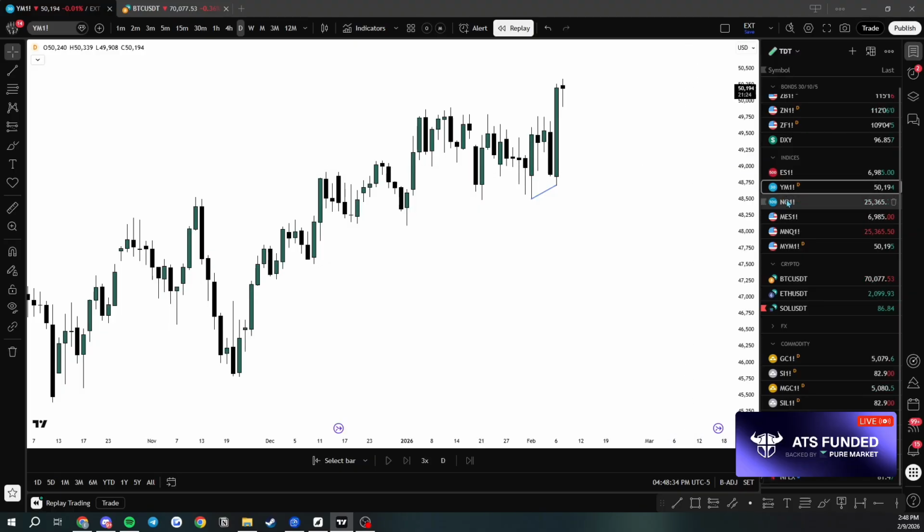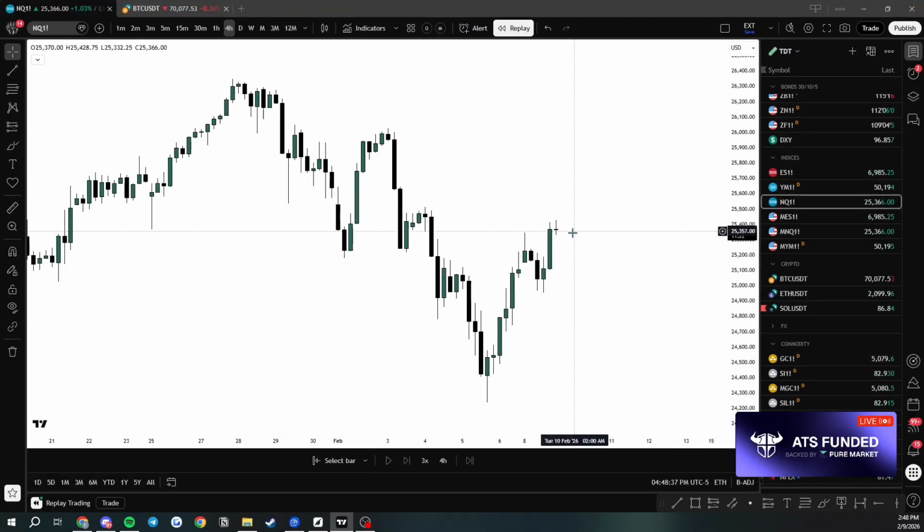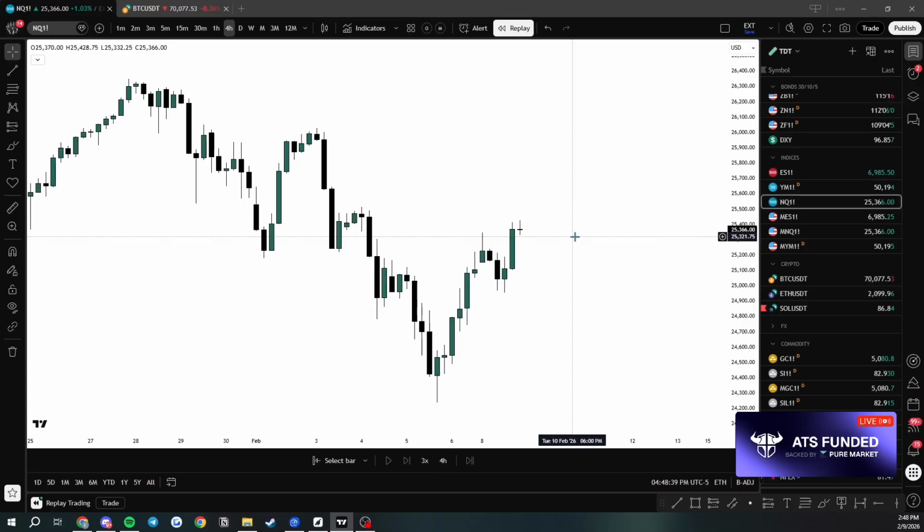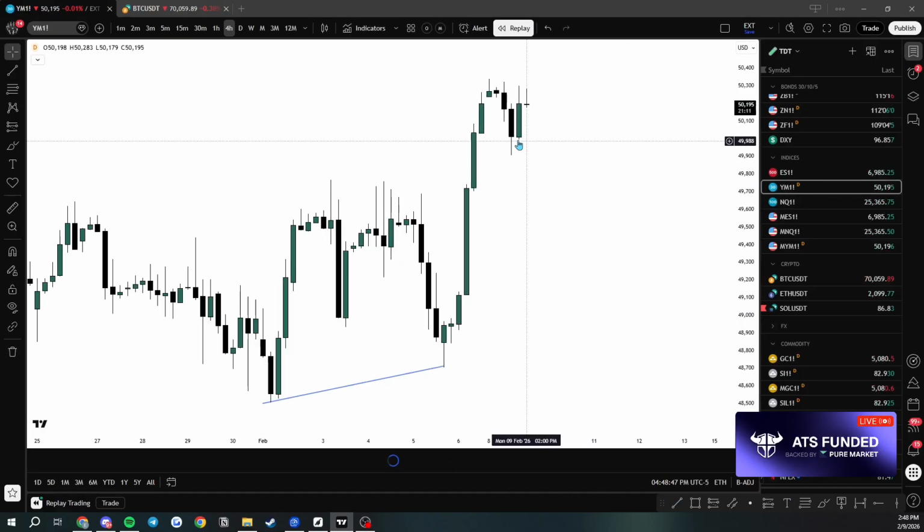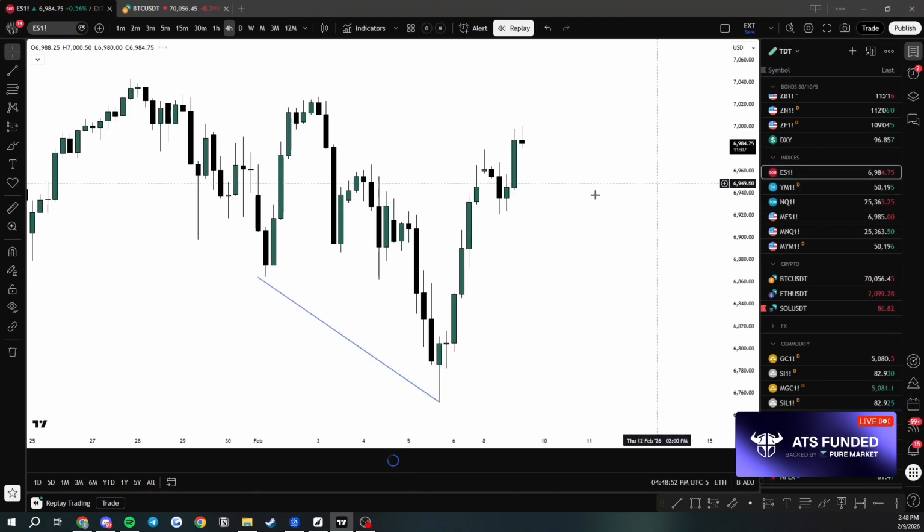And we can also find SMT on something like the 4 hour, okay? Where maybe on NQ we took out London's low, but maybe on YM we didn't, which we did in this case. Let's see. On ES, we did not.